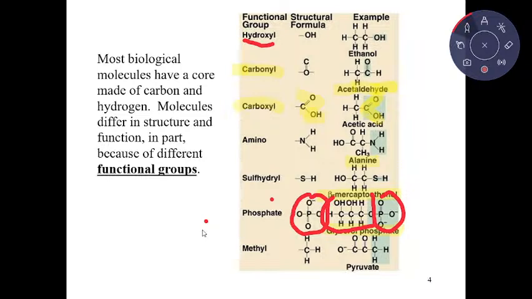So we have seen organic compounds, right? Living organisms contain a wide variety of organic compounds, like carbohydrates, proteins, lipids, and nucleic acids.